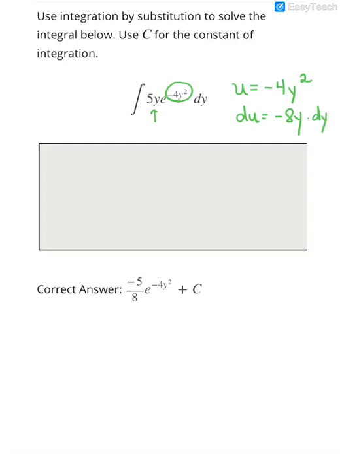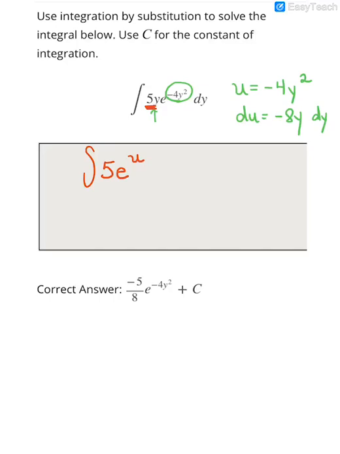So when we get ready to make our substitution in this case, we're finding the integral. We'll keep the 5, and hang on for the y just a minute. So we have e raised to the power of u based on our substitution.